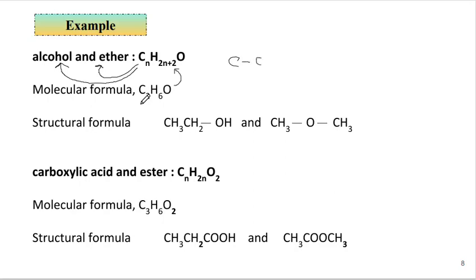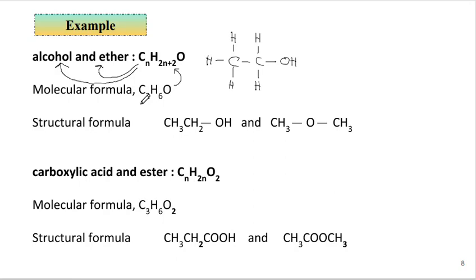Alcohol, always remember it ends with OH, and then I just fill up with hydrogen. You can double check again, make sure the number of carbon, hydrogen and oxygen is correct.